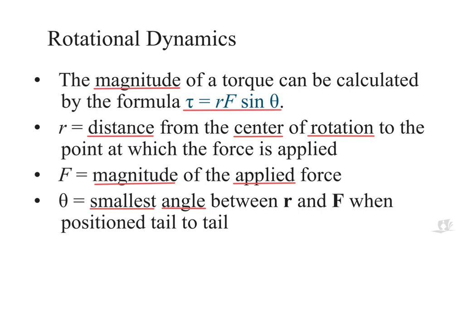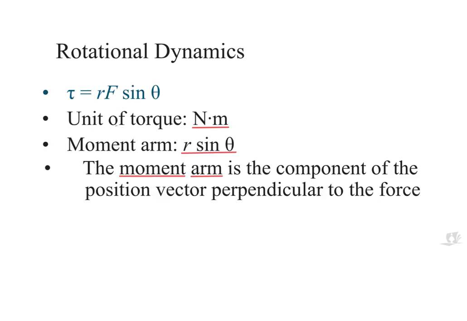And I'll give you a picture of this. So this tau, as a reminder, you have this formula that is created, and you have what's called a moment arm. A moment arm. The moment arm is the component of the position vector perpendicular to the force. Perpendicular to the force.